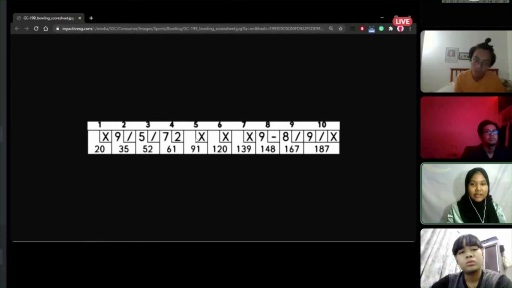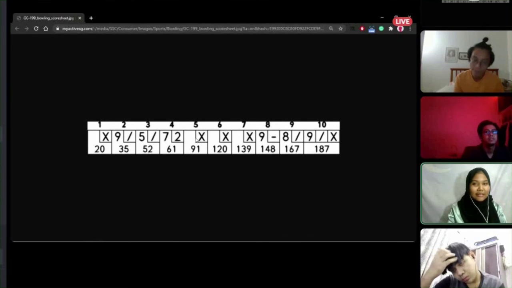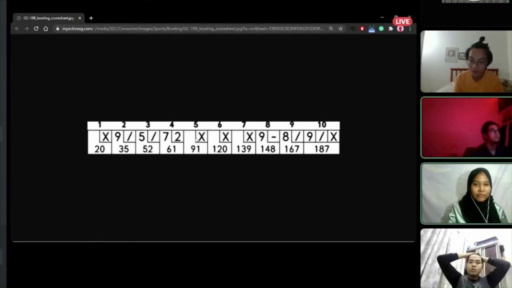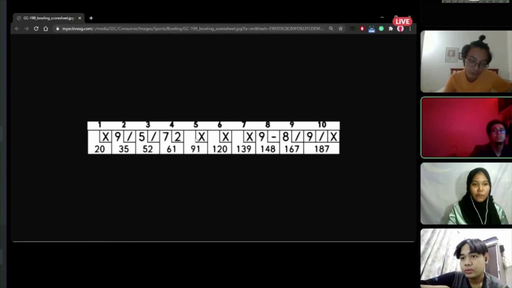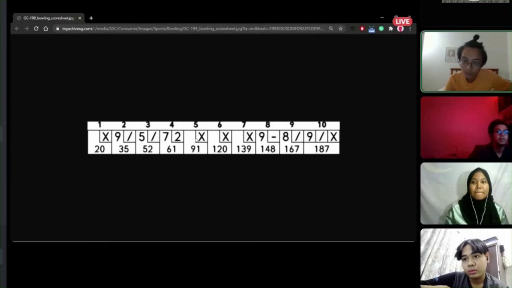The minimum score is 0 and the maximum score is 300. The more strikes and spares you get, the higher the result. So all in all, that concludes today's meeting about the scoring system in the bowling game.